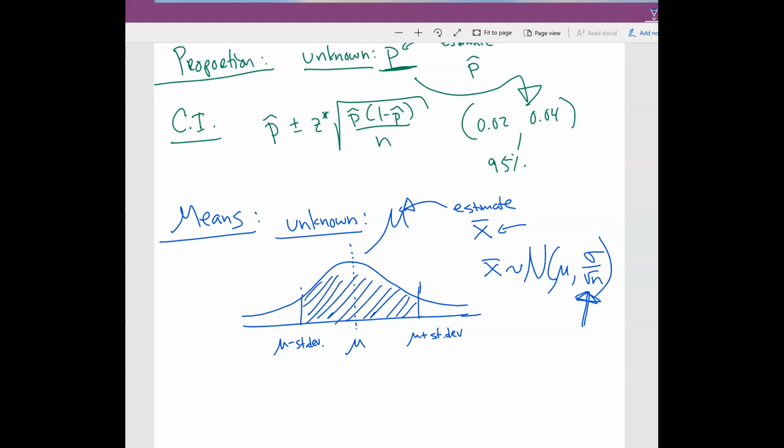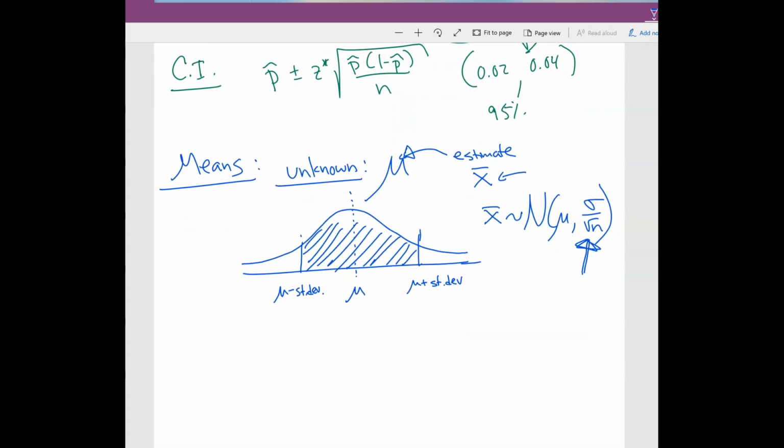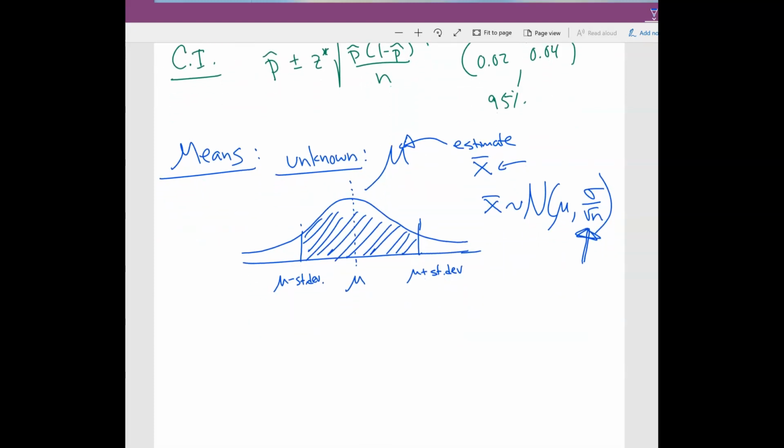Notice that we don't know quite what mu is, so we're going to estimate it with x bar. We're going to subtract and add a standard deviation, which in this case is sigma over square root of n. And we ask, how far do you want this interval to be? Do you want it to be this far, or this far?